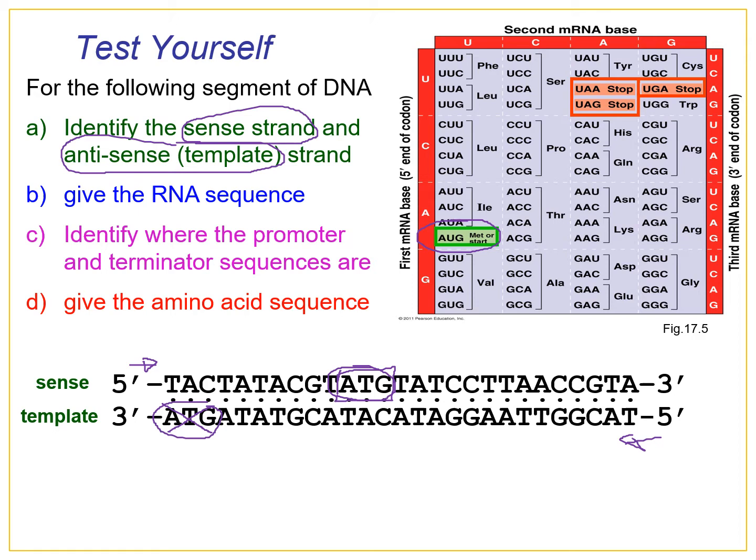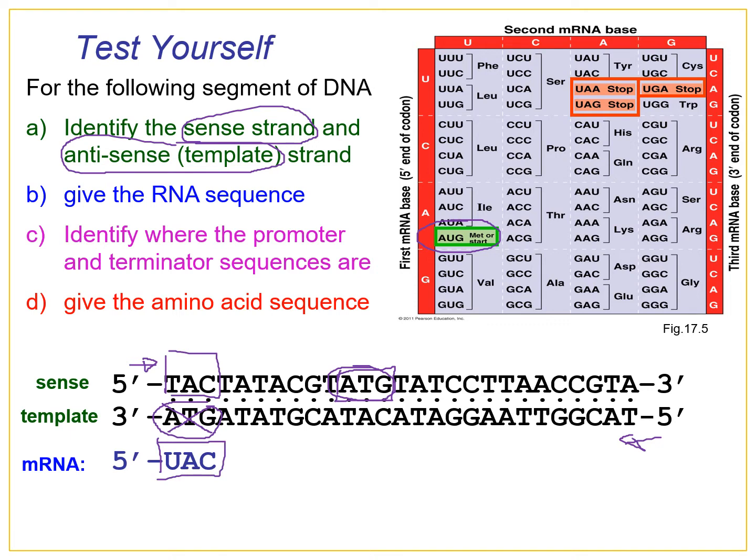Next it says give the messenger RNA sequence. Okay, so the messenger RNA looks a lot like the sense strand. Don't forget that RNA has uracil, or U, instead of thymine, instead of T. So we start at the beginning, and this TAC here becomes 5' UAC.